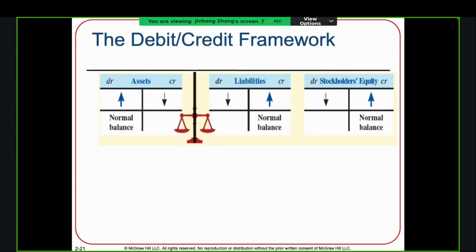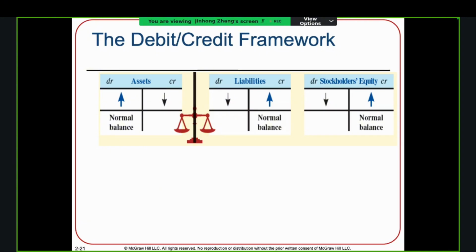So basically, normally, when you increase assets, it's on the left side, and it's called a debit. And then when you decrease, it's called a credit, okay? Again, don't worry if you don't remember debit and credit. It just gives you some ideas, because in the accounting world, once you get into it, they're going to use those words, but you're not to be afraid of it, okay? So liability, when you increase, it's on the right side, called a credit.